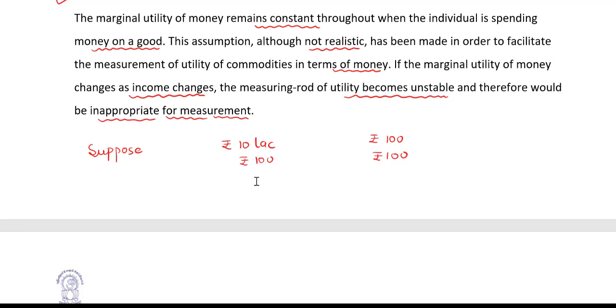The marginal utility of this additional 100 rupees will be more in case of person B. Why? Because this 100 rupees is in smaller denominations as compared to 10 lakhs. So this person will receive less utility and this person will receive more utility.